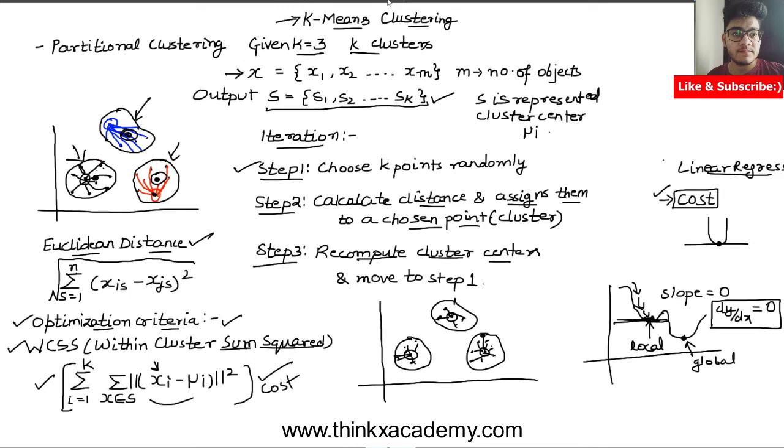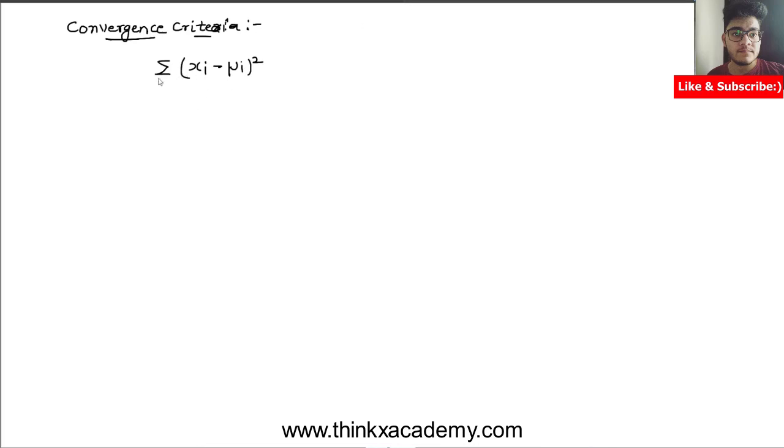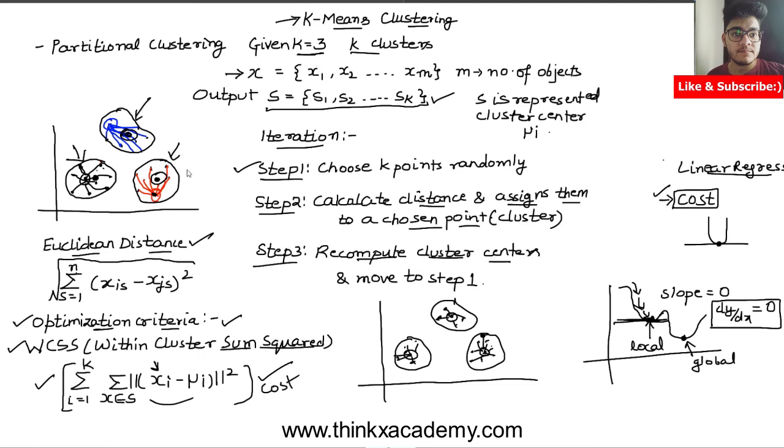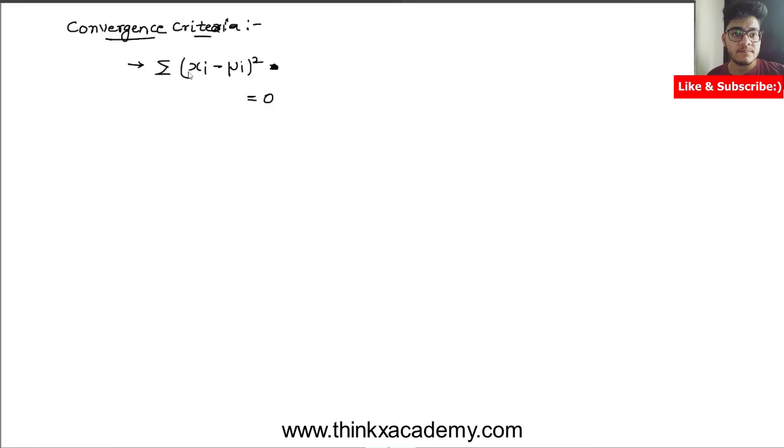This was the result. Now what we have to do is differentiate it, and we know that the convergence criteria says that after differentiating this whole term, if it is equal to 0, it means that it will converge, and at that point we're going to stop the k-means clustering algorithm and we will return with the obtained clusters. So let's differentiate this.